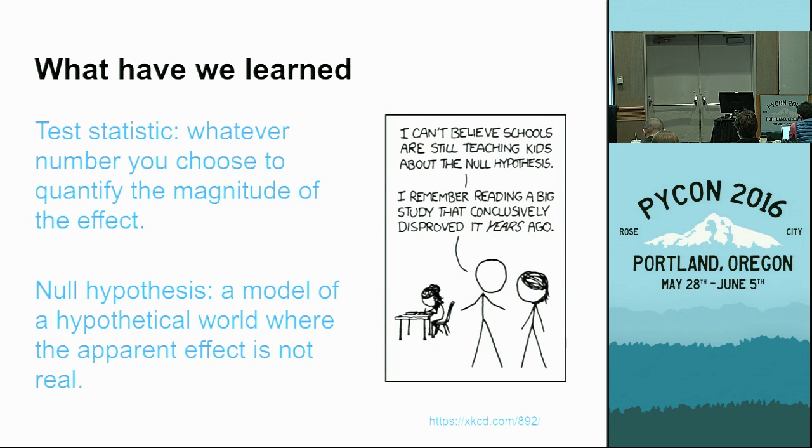Let me give you a little bit of an overview of what's going on here, and then you can get back into the notebooks. So the two important ideas to get here are the idea of the test statistic, which is really hard to say, and the null hypothesis. So the test statistic is whatever the thing is that you're measuring that measures effect size. So this is kind of wrapping around to the beginning.